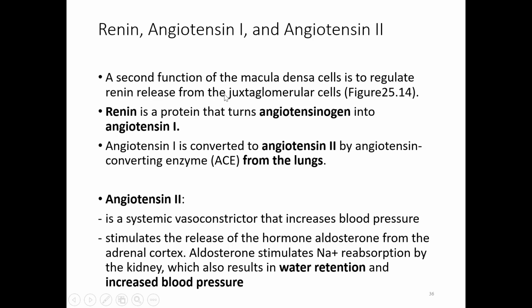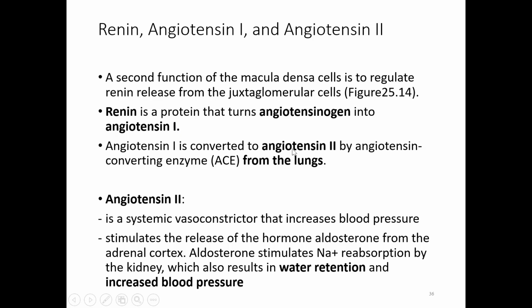So what is the function of the juxtaglomerular apparatus? It produces and regulates renin release. Renin is a protein hormone that turns angiotensinogen produced inside the liver into angiotensin 1.